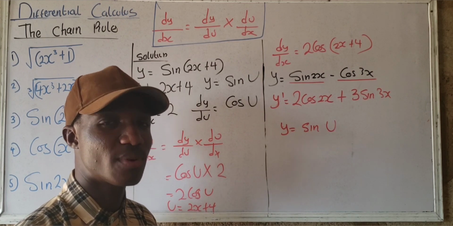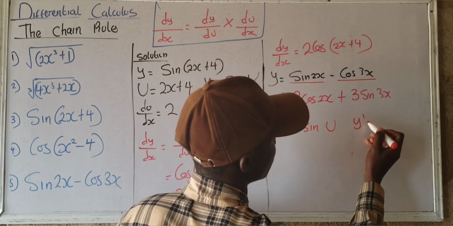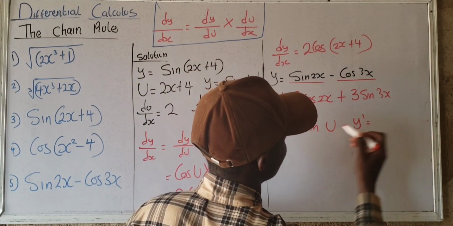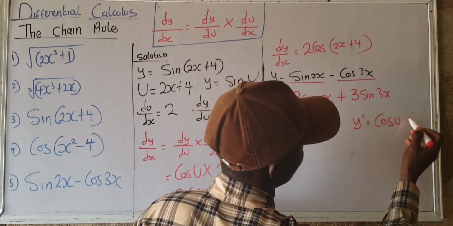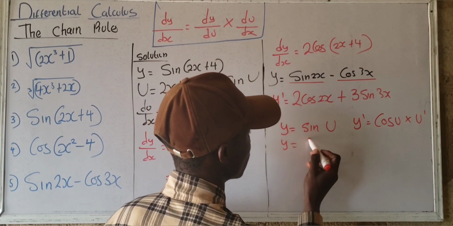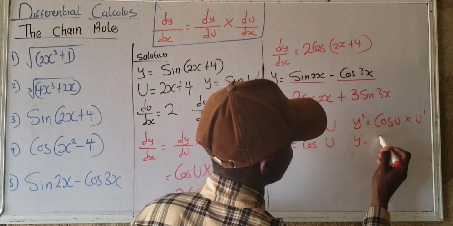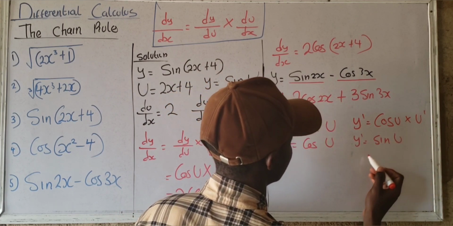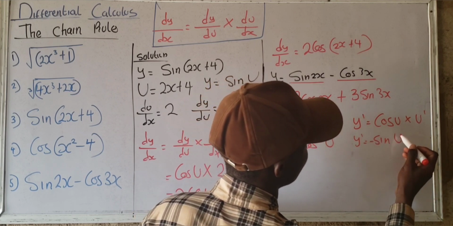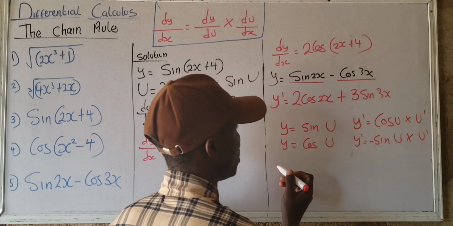But since we have another function in sine u, the derivative of y will be cos u multiplied by the derivative of u. You understand? If you have to differentiate cos u, the derivative of y will be negative sine u multiplied by the derivative of u.